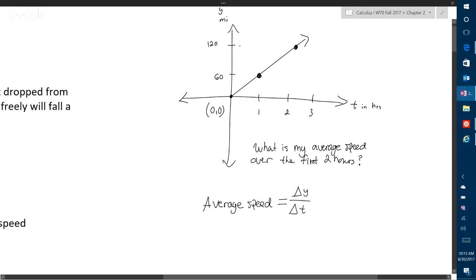What would this coordinate be? 2 and 120. Now this behaves like T1, this is Y1. So I'm saying that this 0 is my T1, this 0 is my Y1. This is my T2, and this is my Y2.